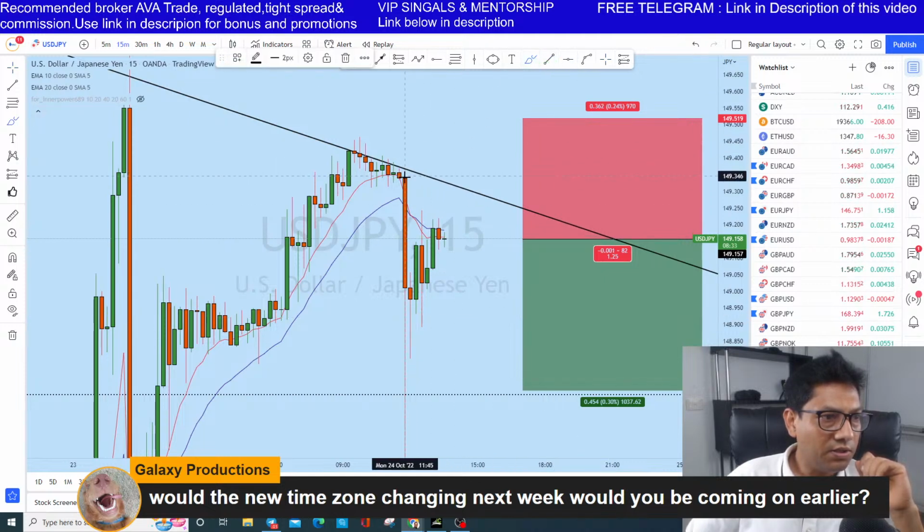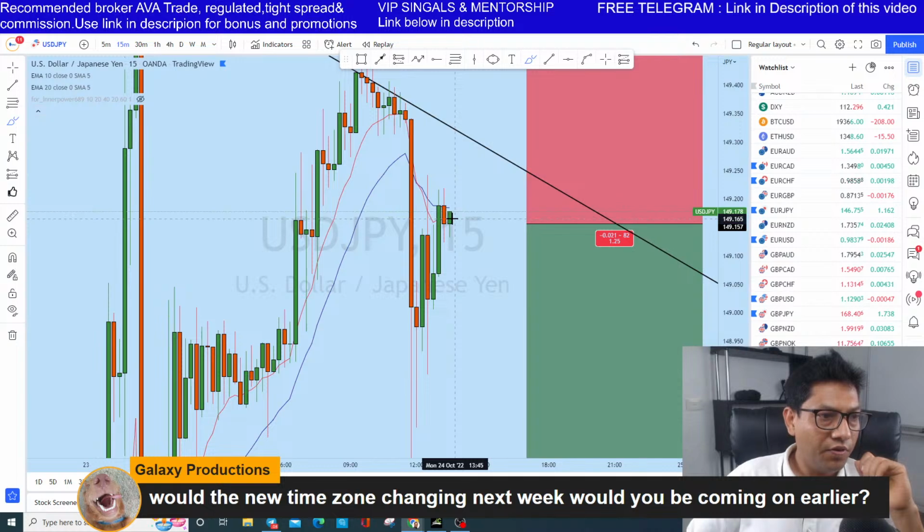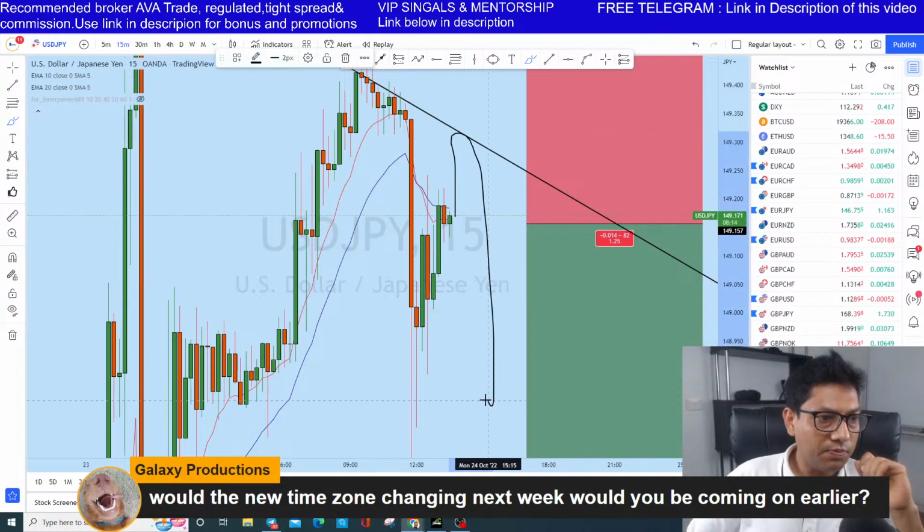On the 15 minutes, this move is a very strong bearish move, followed by a bearish structure. In the first move to the upside, we can expect a down move as well.